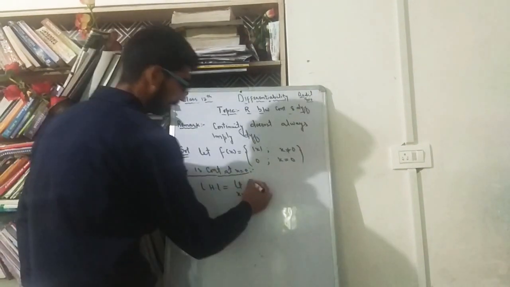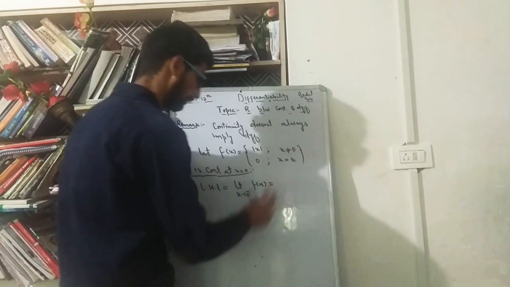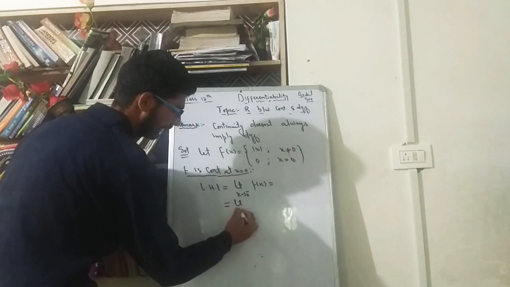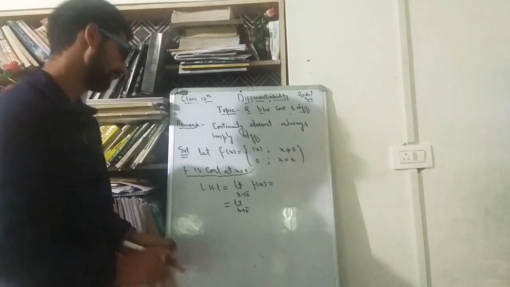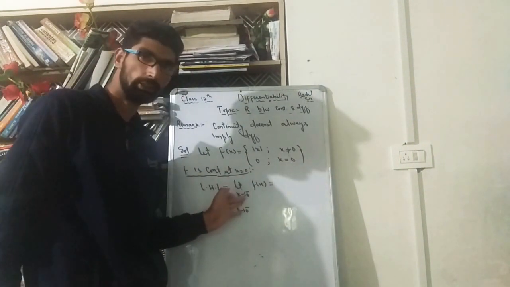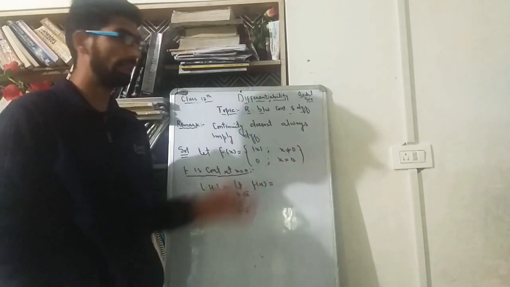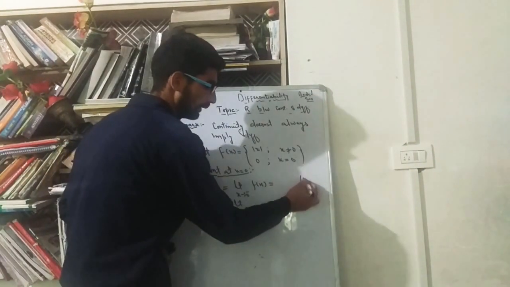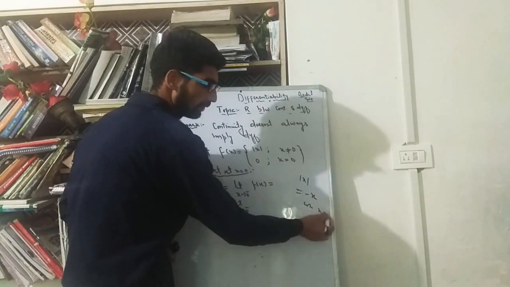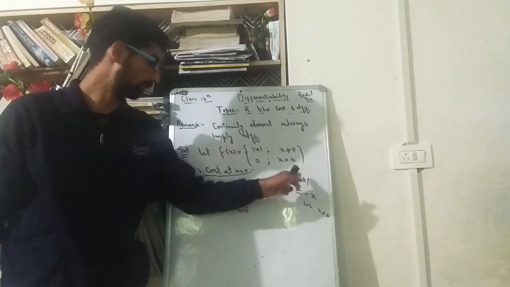of f of x, and that is equal to limit x tends to 0 negative. It means that the values of x are very close to 0 but less than 0. When the values of x are less than 0, we know that modulus x is equal to minus x.